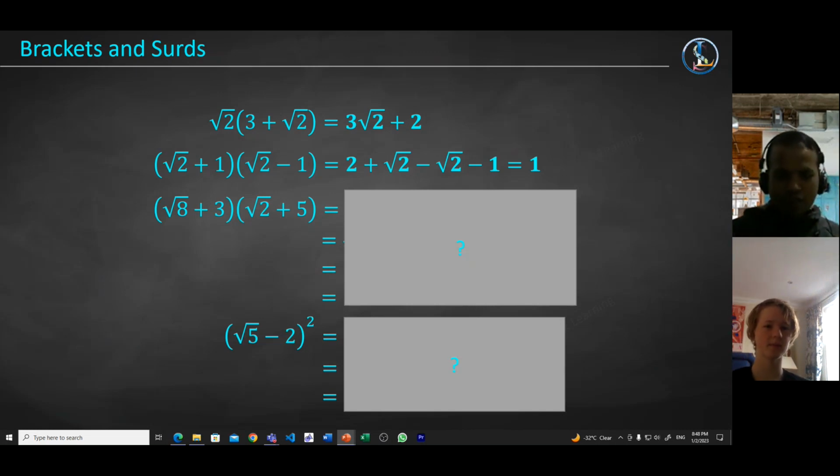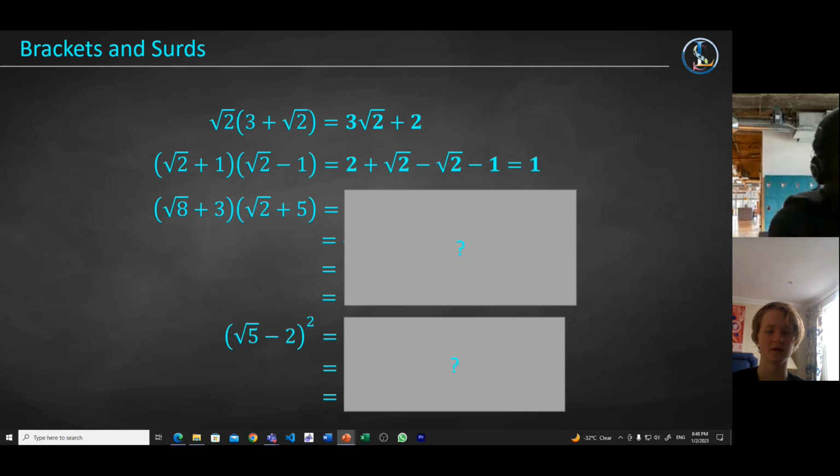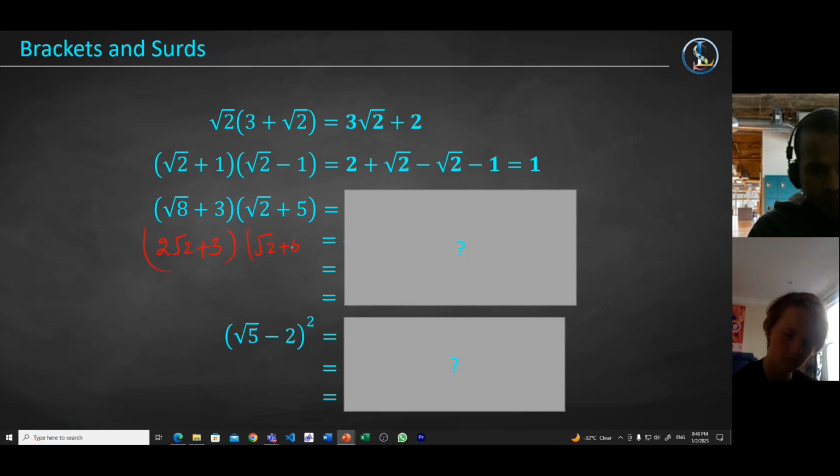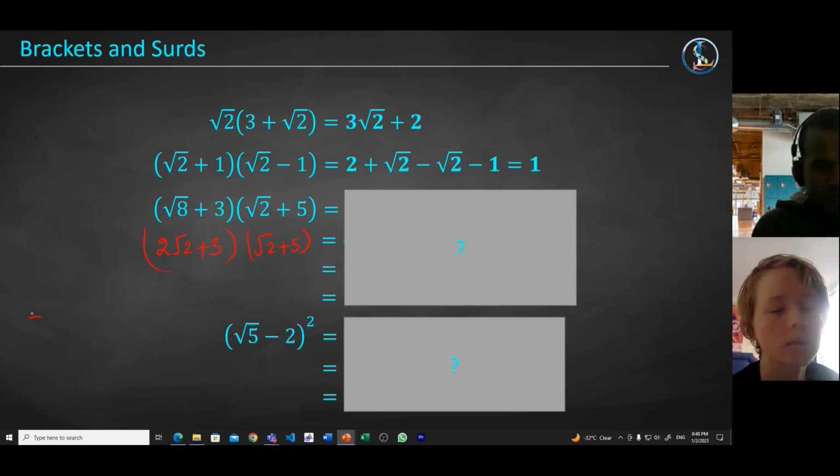Okay, let me do it. You have already written 2 square root 2 plus 3, and here it will be as it is, square root 2 plus 5. Let's multiply it. 2 square root 2 multiplied with square root 2 is going to be 4, right?